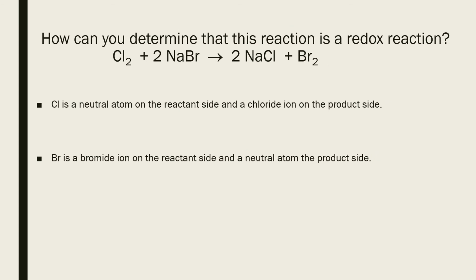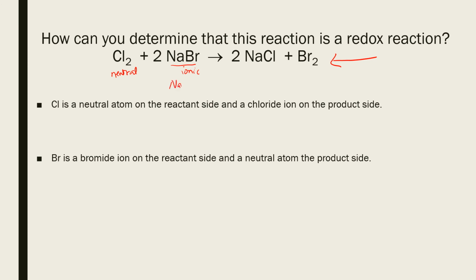How can you determine that this reaction is a redox reaction? Let's analyze this. In this reaction, Cl is a neutral molecule. Neutral means it does not have any charge, because it's a covalent molecule. Covalent molecules don't have any charge. On the other hand, NaBr is an ionic compound, and ionic compounds always have charge.